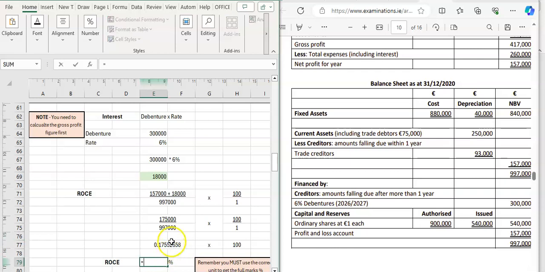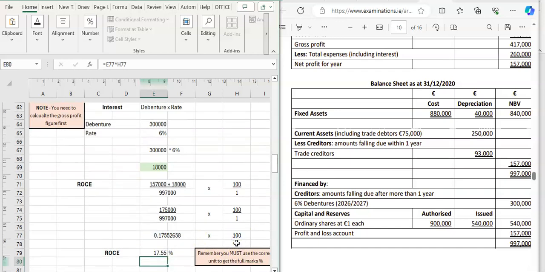When we multiply by 100, we're going to keep it at 17.55, because 17 is the whole number before the decimal. We have to go to 2 places of decimal, which is 55. Because it's a 2, we're not going to round up. We're going to keep it at 55. If that 2 was 5 or above, we'd round this 5 up to a 6.